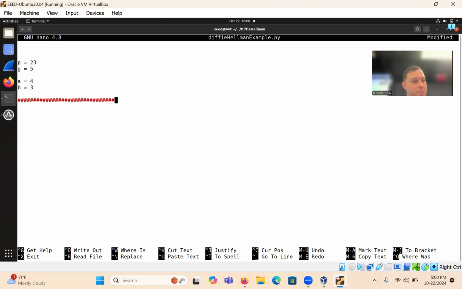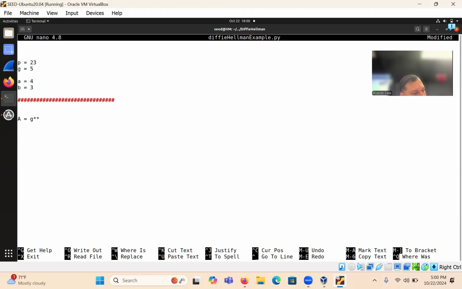That's just the example I did. Then we want A here, and we set that G to the A mod P. I guess we can hard code it. No need to create functions.